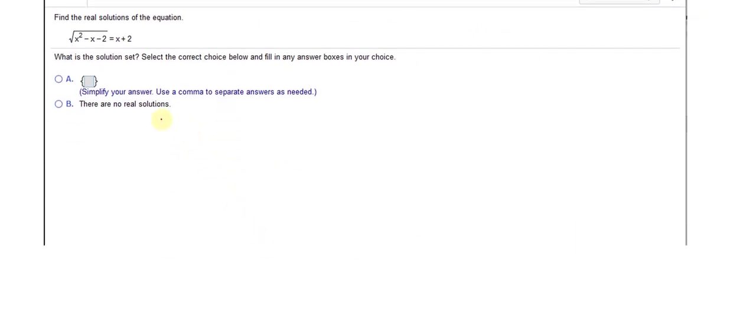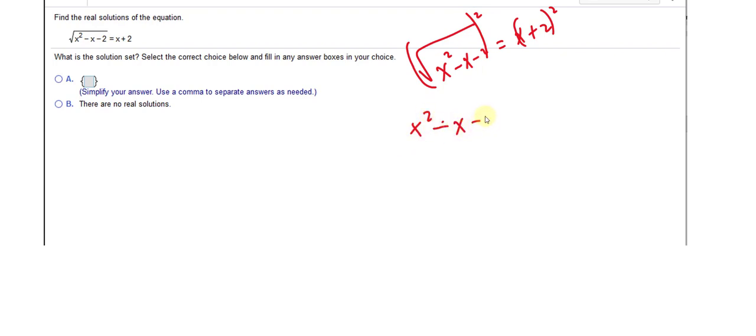The next question: find the real solution of the equation. The radical. Okay, in this case, we are given the radical of x squared minus x minus 2 equal to x plus 2. So to solve for the radical, you can take the power of 2 to take away the radical. So I end up with x squared minus x minus 2 equal to x plus 2, the whole quantity squared.